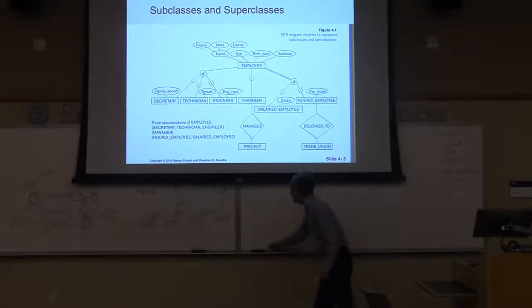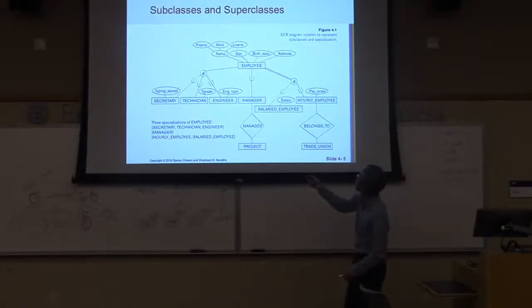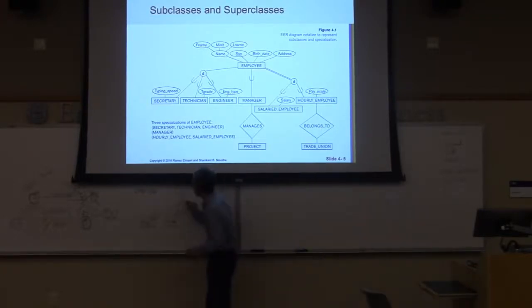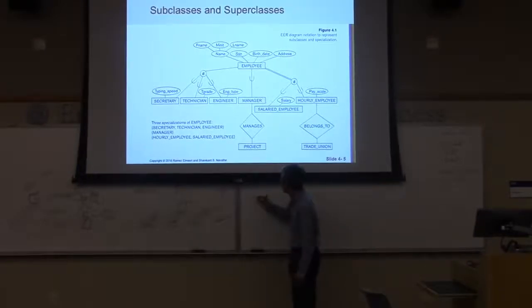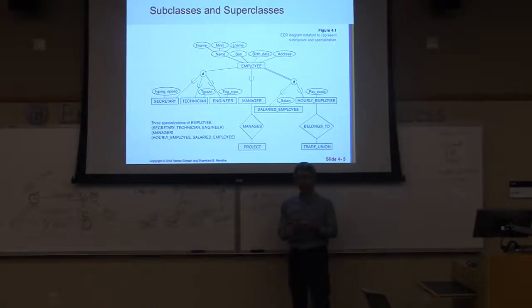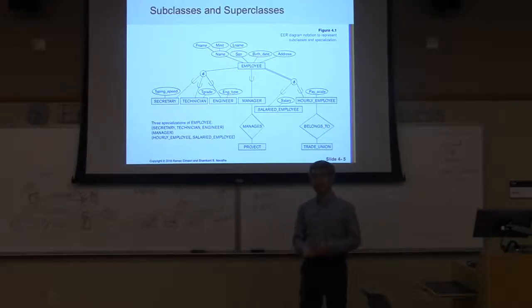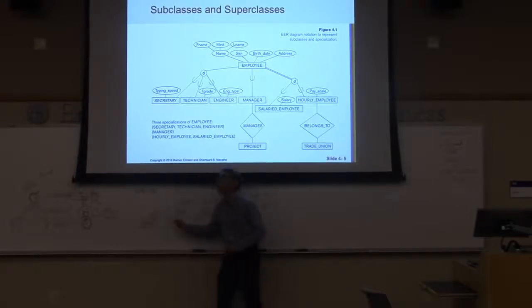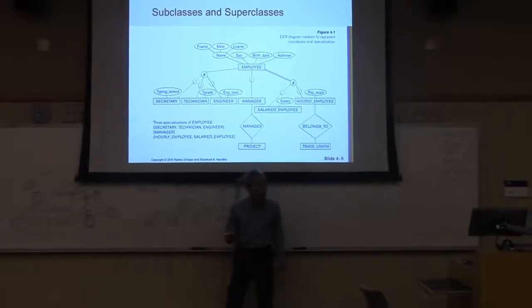Another thing is the D. So D, or you can use the O. D means disjoint. O means overlap. So disjoint means, as the word implies, an employee should be one of this, only one of this.